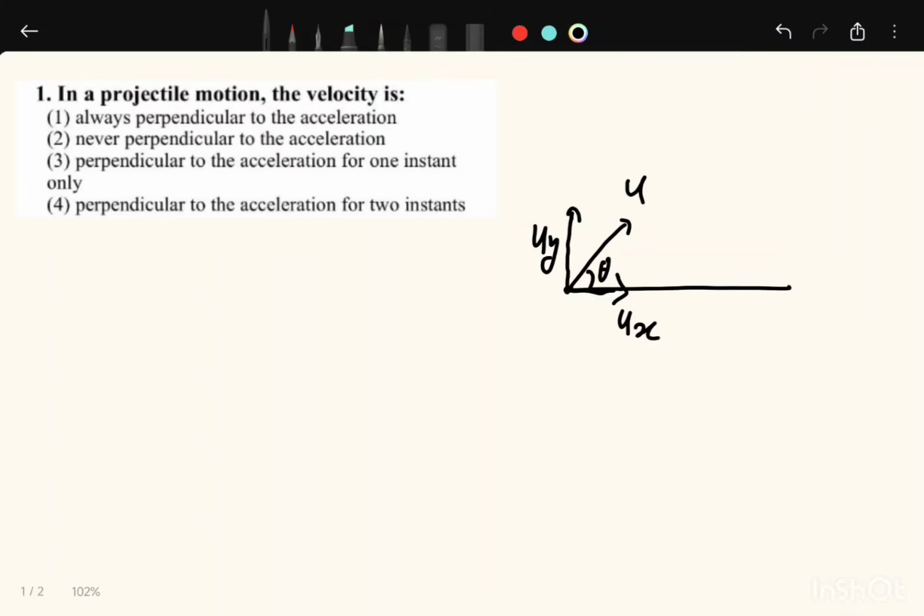The acceleration will always be downward. Initially your velocity is not perpendicular to the acceleration. You can see here it is making some angle with g. Initially the angle your velocity makes will be 90 plus theta.